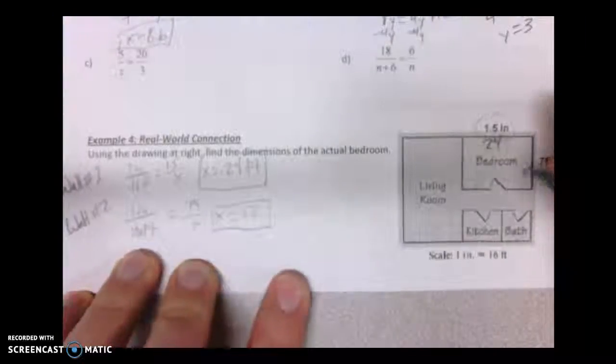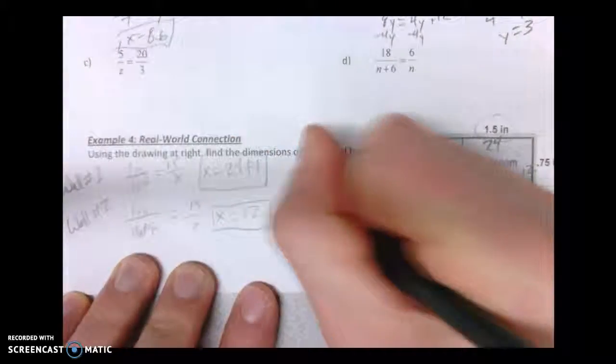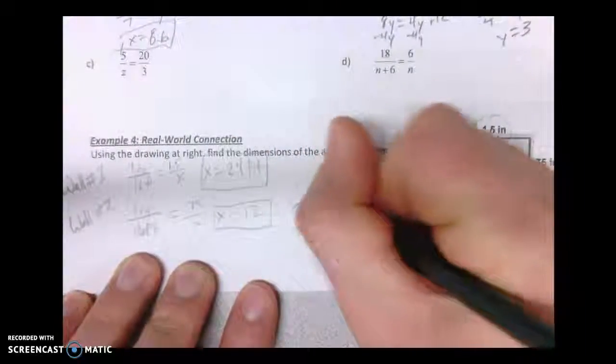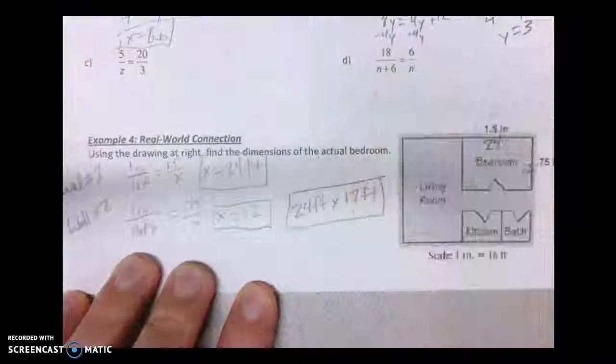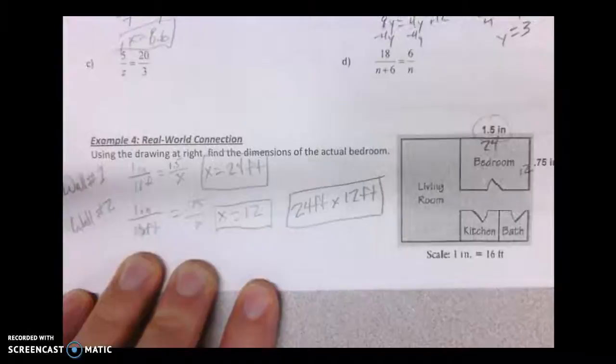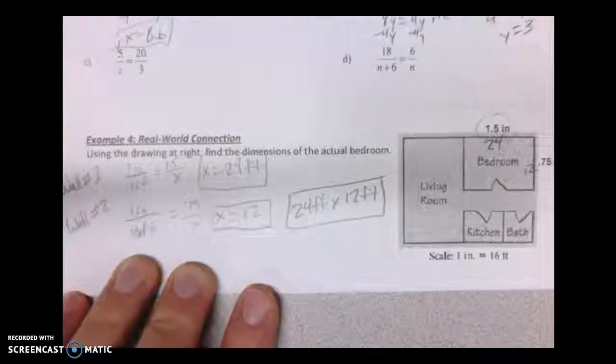So if you look here, then this side would be 12. If we ask you what the dimensions are, you would say this room is 24 feet by 12 feet. That would be your actual official answer. Okay, if you have any other additional questions on these problems, make sure to ask.